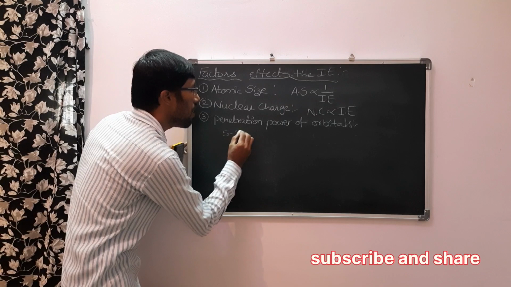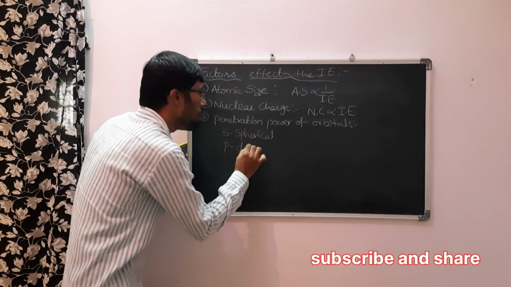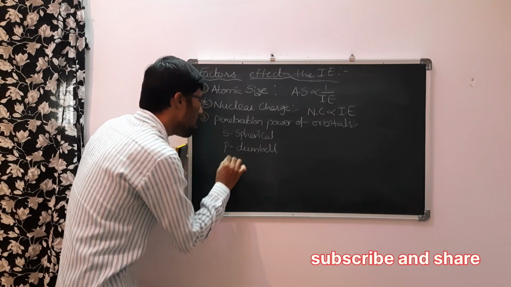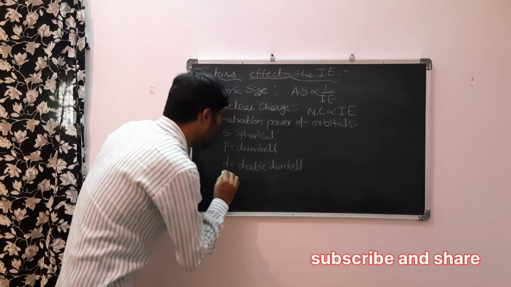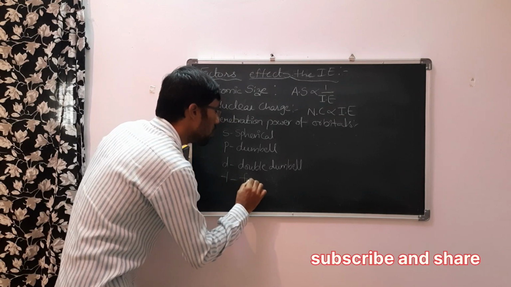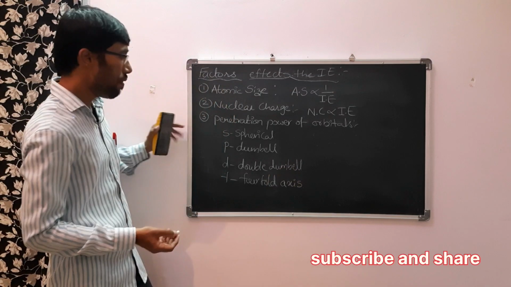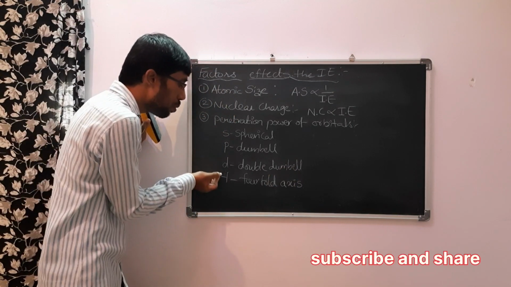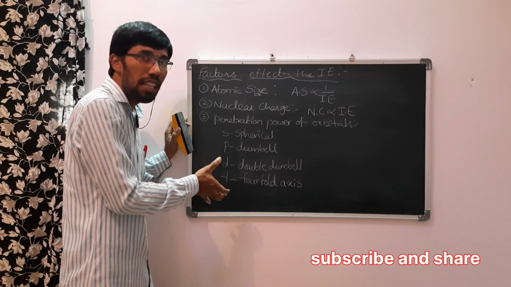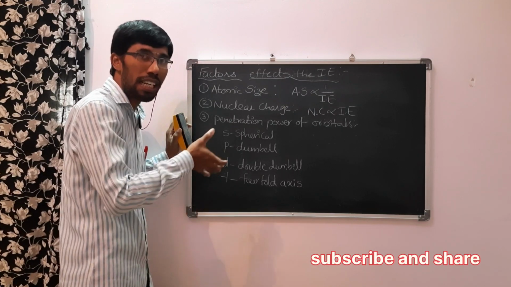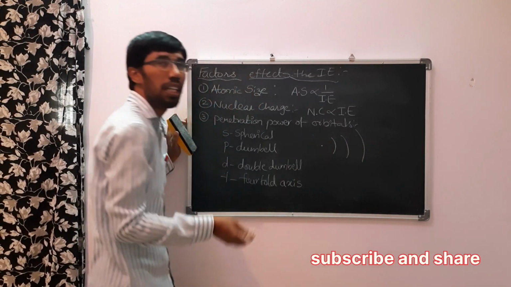The s orbital has a spherical shape, the p orbital has a dumbbell shape, the d orbital has a double dumbbell shape, and the f orbital has a four-fold axis shape. Moving from s to f, the complexity increases, and the penetration power of these orbitals decreases.